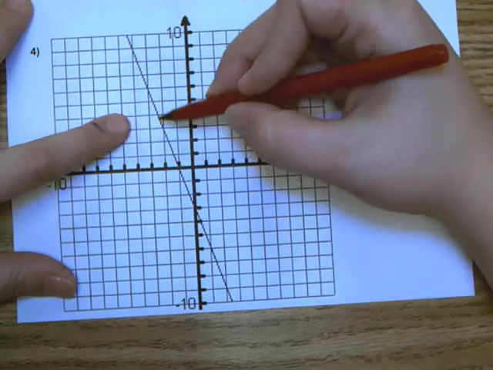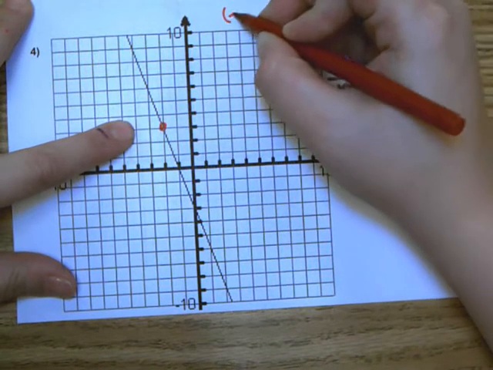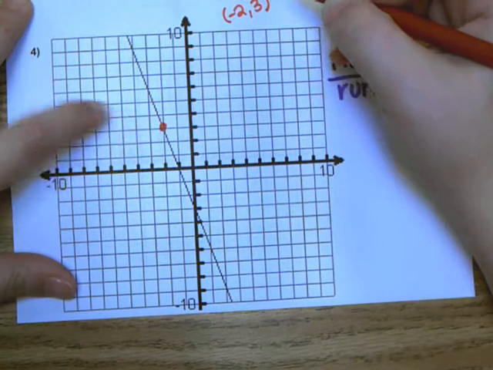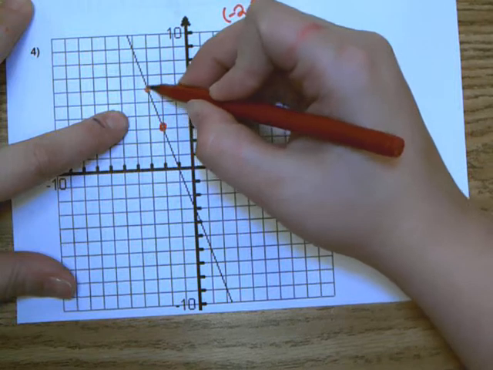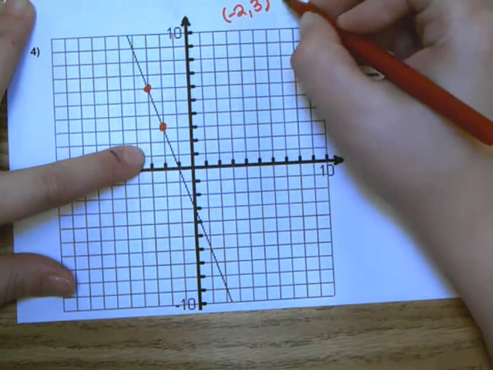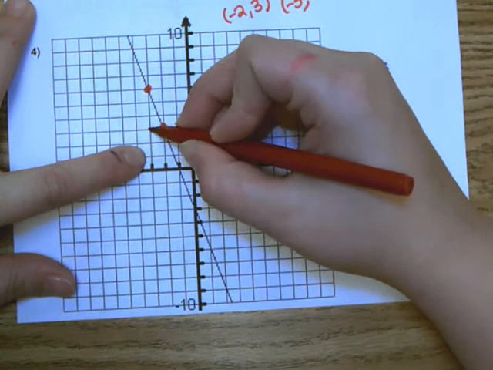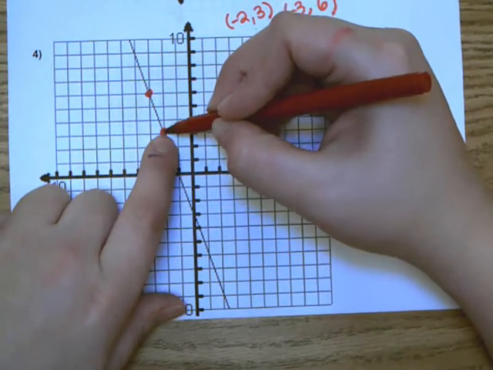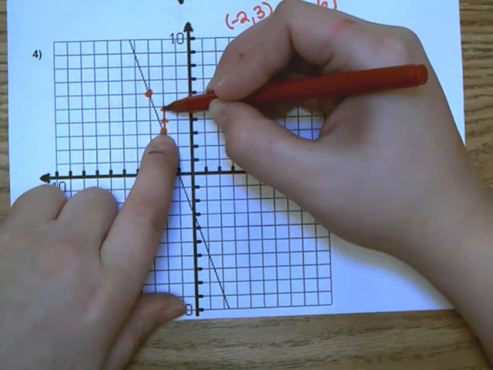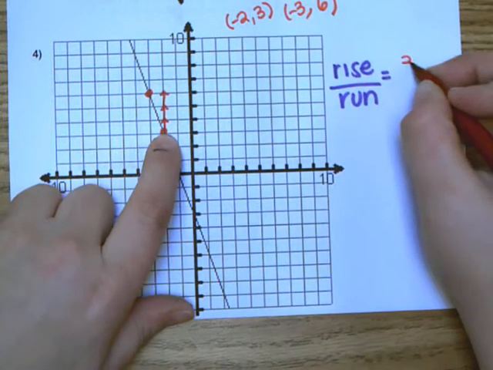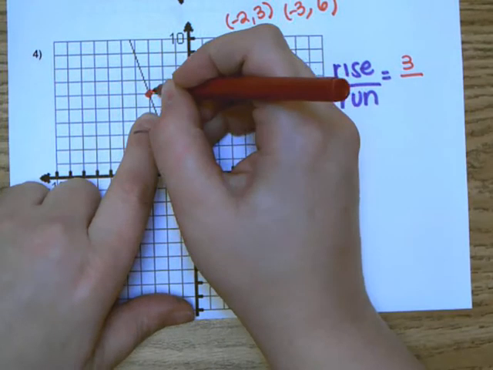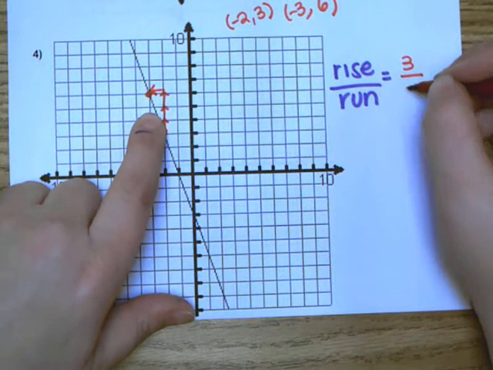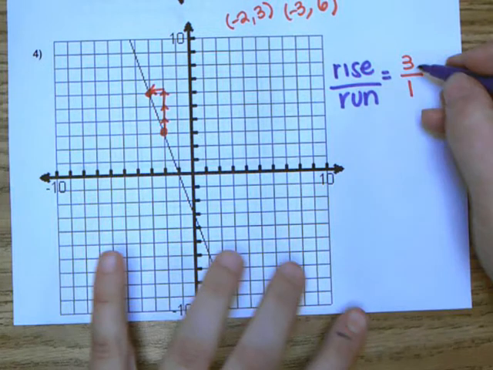Okay, let's take a look at example 4. So we're going to pick 2 points. I'm going to pick the point -2, 3. And I'm going to pick the point -3, 6. Okay, so I need to rise 1, 2, 3.